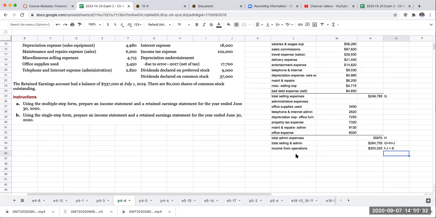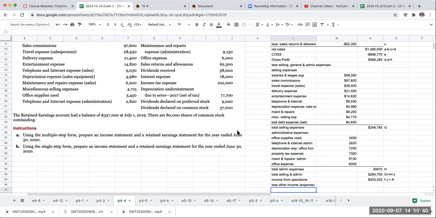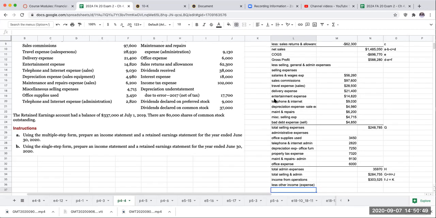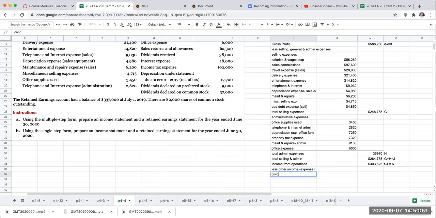From this, what I'm now going to do is subtract other income and expense. So let's take a look at our other income and expense. We had dividends received, $38,000.